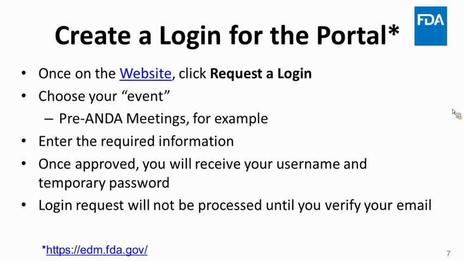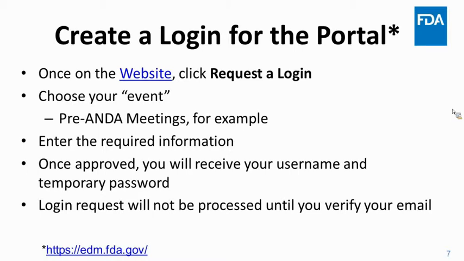The next step is to create a login for the portal. Once you're on the website, it's very similar to any other website where you request a login. You're going to choose your event. We call them events, but they're really like categories. For example, pre-ANDA meetings, control correspondence, or drug shortages are different types of events you can choose, and you can have more than one event added to your account.